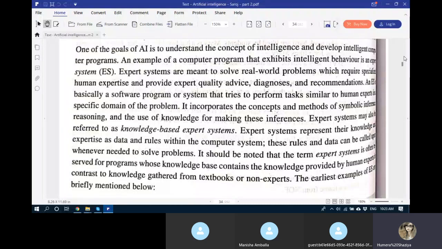Or a patient can also ask what is the condition I'm presently in. So what does the expert system have to do?